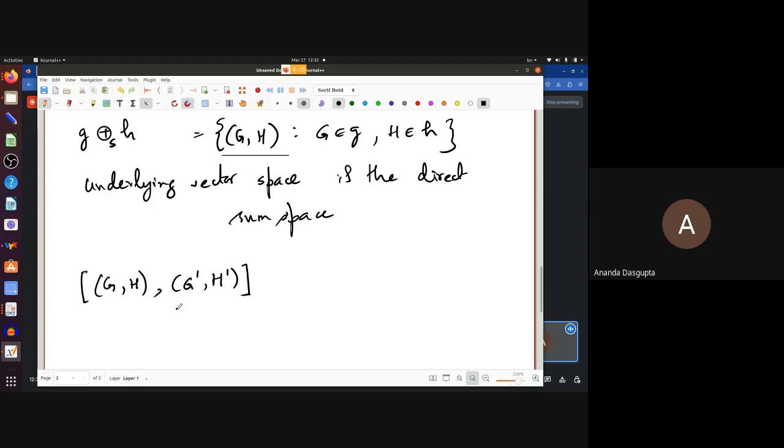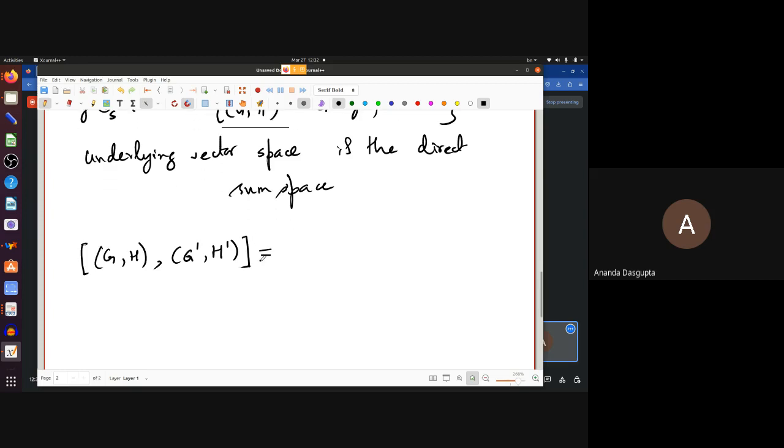Now, just remember, just like in the semi-direct product of groups, one of the groups does its own thing, and the other one essentially is affected by the previous group before combination. Taking a clue from that, let's propose something like this.